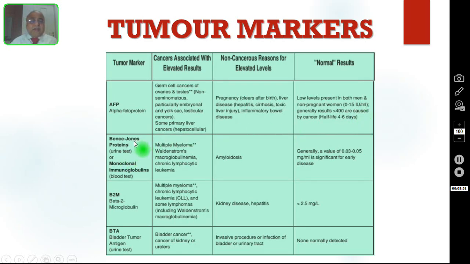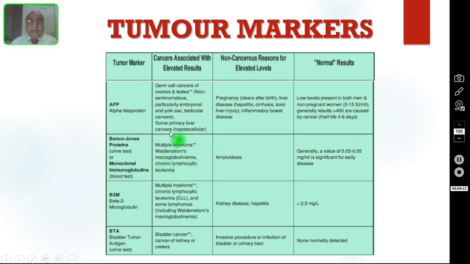Okay, the next tumor marker is Bence-Jones protein or monoclonal immunoglobulins. This is a blood test; AFP is also a blood test. This is elevated in multiple myeloma, Waldenstrom's macroglobulinemia, and chronic lymphocytic leukemia.